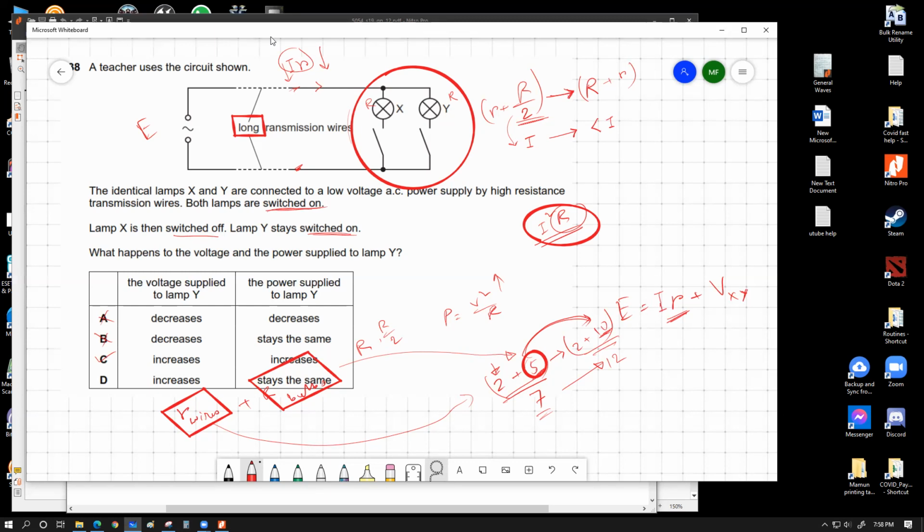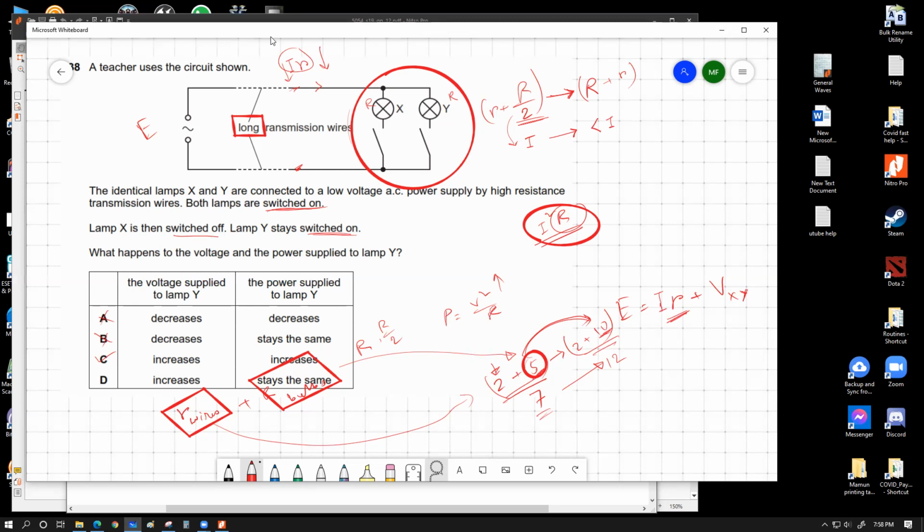ইনিশিয়ালি দুইটাই ক্লোজ ছিল। So both of the bulbs were in connection. Because both of the bulbs were in connection, the parallel combination of resistance R by 2 হয়। There are two branches.